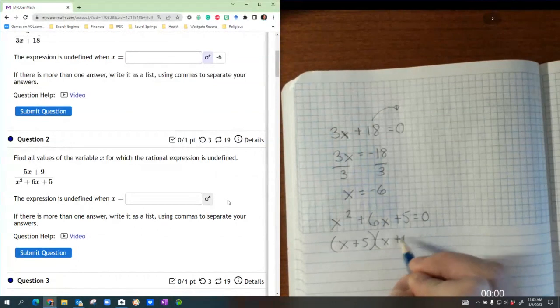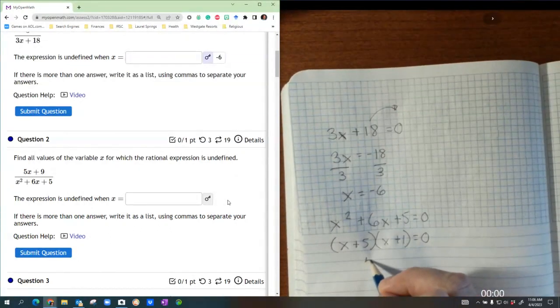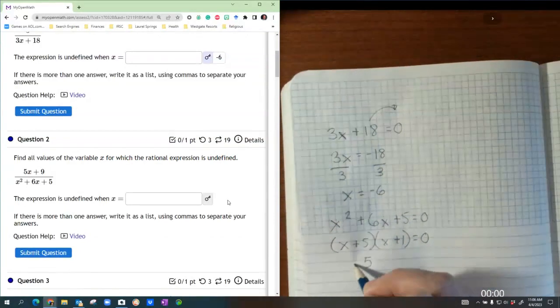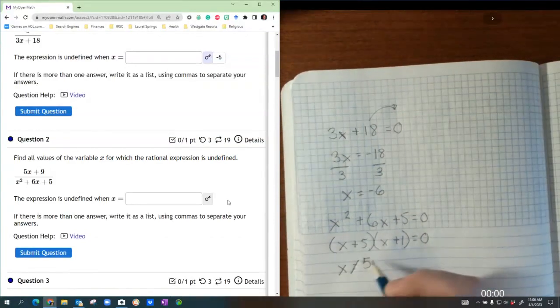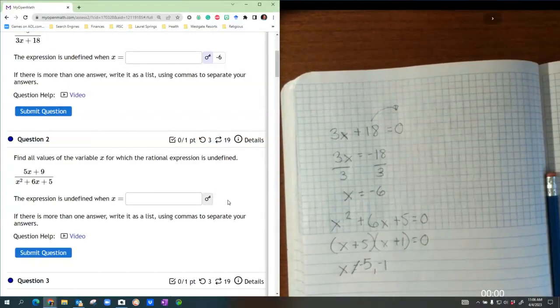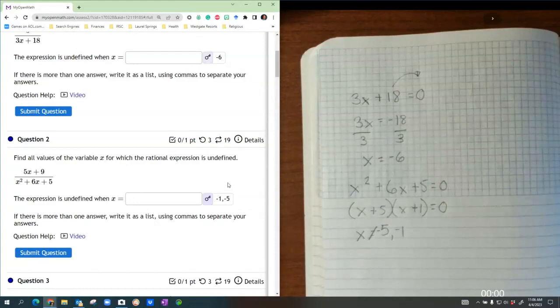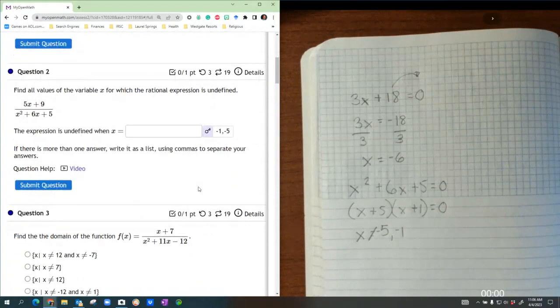So x cannot equal negative 5 and negative 1. That's the answer we're looking for. It doesn't matter which order you put them in.